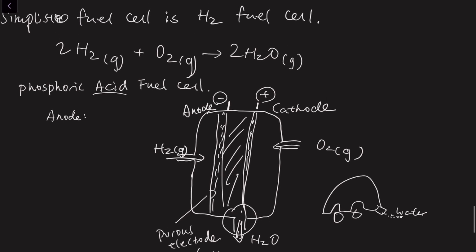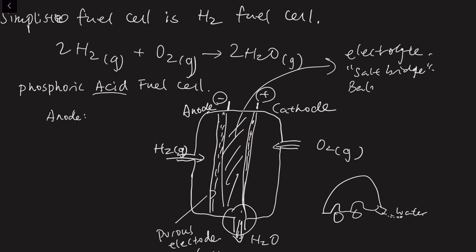And just like any galvanic cell, we need an electrolyte. The function of the electrolyte is to act as a salt bridge, balance the charge, and complete the circuit via movement of ions.